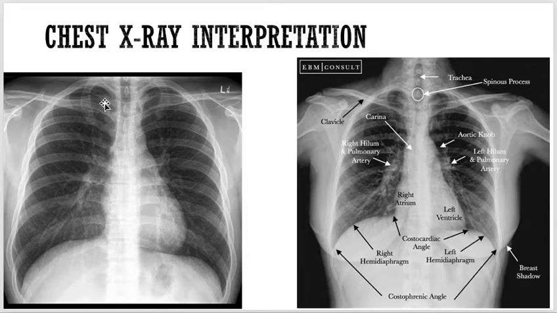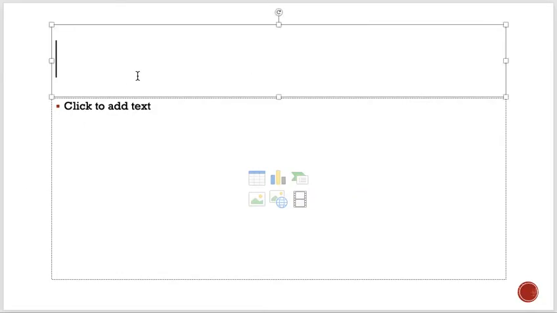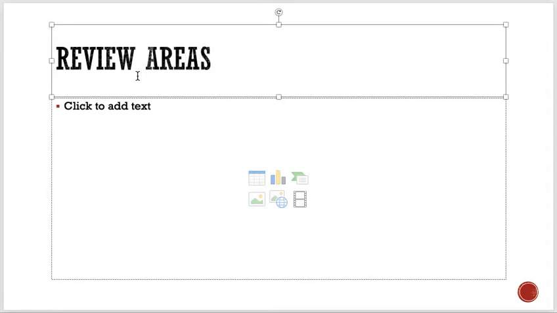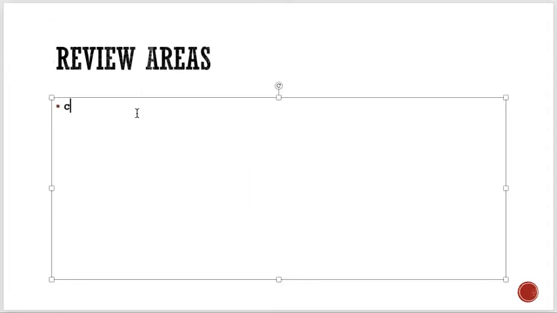Whenever I'm going to look at the X-ray, I am going to look at the costophrenic angles, the apex, and review the area behind the heart. I am going to look below the diaphragm, and look for the breast shadows. These are called review areas. Number one is what? Costophrenic angles.